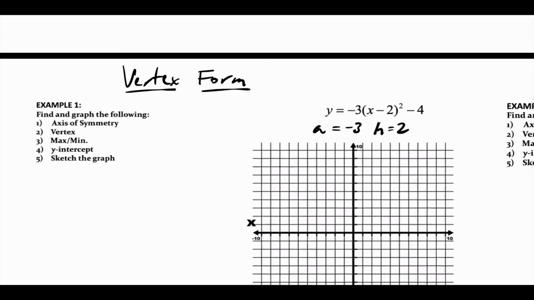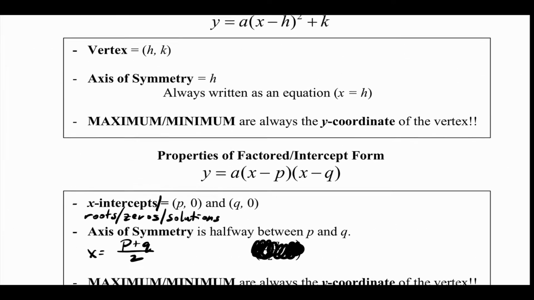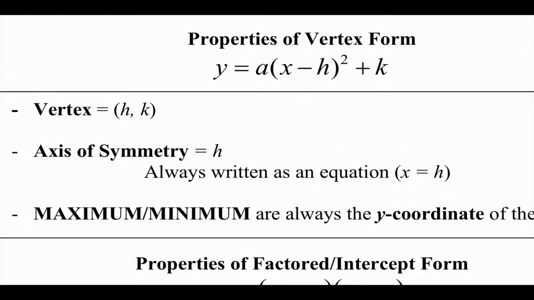Okay? So H is a liar. H lies. So I'm gonna write this in the front. H lies. It's actually the opposite sign.